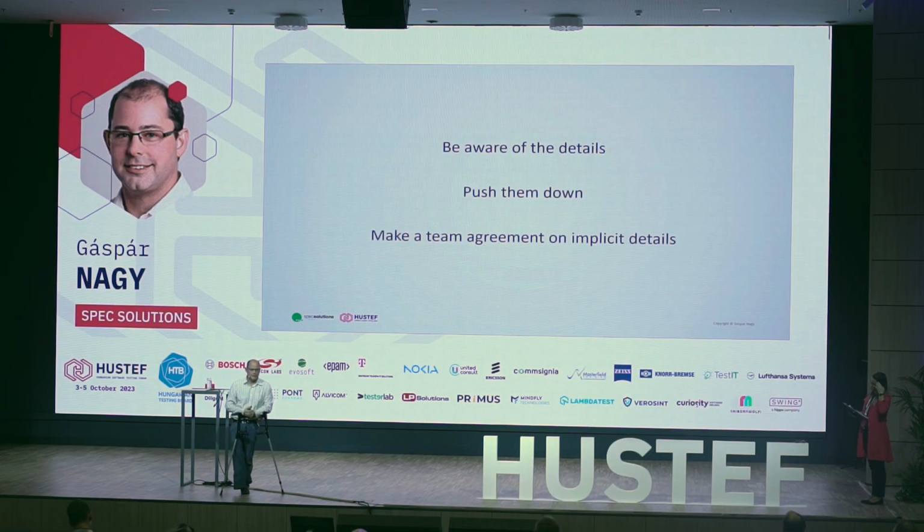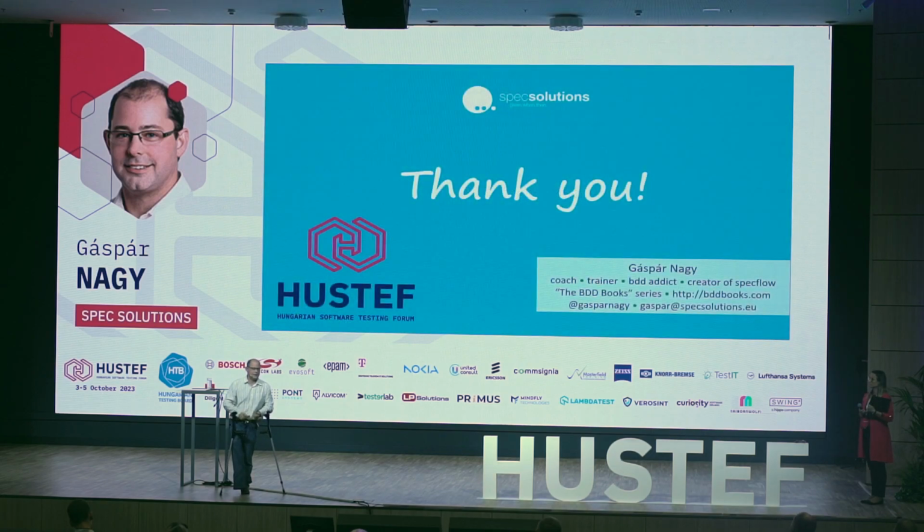So that's my final message. Try to watch for these details, try to find some techniques to push them down, and of course, make sure that you do this as a team, because all those details still have to be agreed with the entire team.